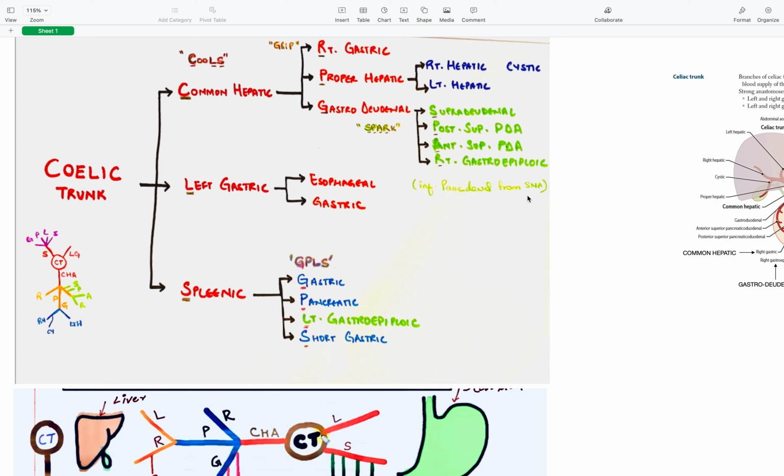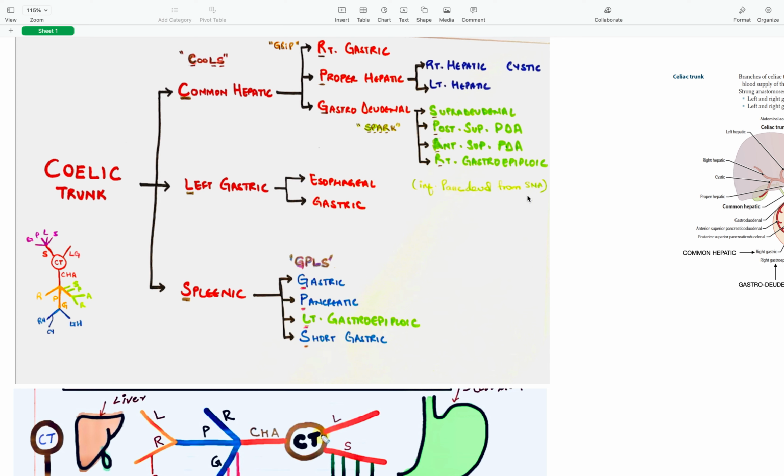So the city man is oriented horizontally within the abdomen. So the city, this is the head, these are the ears, and this one here is the abdomen. Then this is the thorax, this is the abdomen, and then the lower limbs. Okay, now let's see what parts it supplies.